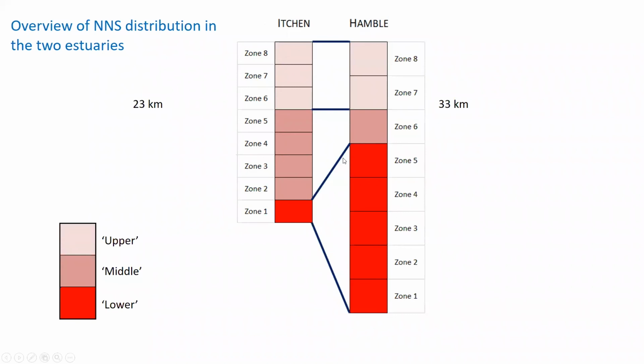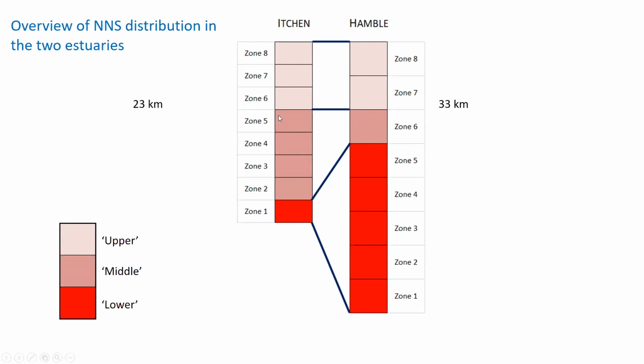So effectively, from a biota point of view, looking at non-natives, zone 1 of the Itchen resembles zones 1 to 5 of the Hamble. So the Hamble has a much longer marine end to the estuary, relative to its total length, than the Itchen does.